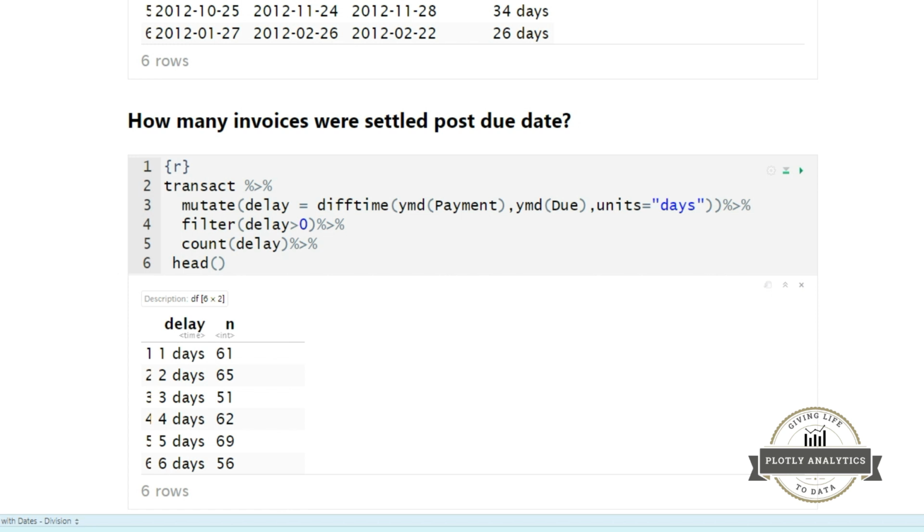By the way, if you're not familiar with the workings of the filter, count and mutate functions, these 3 functions are from the dplyr package, then you may like to refer to my video series on the dplyr package. You'll find the link of the videos in the description.